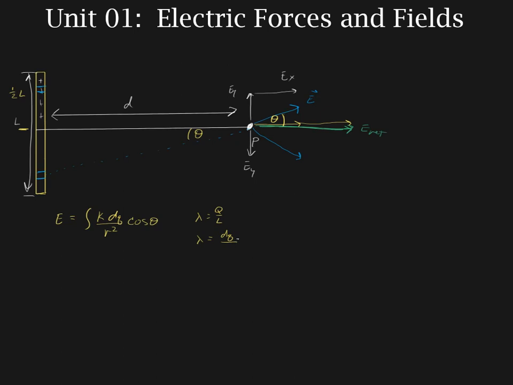Now last time we used dx because the rod was in the horizontal dimension, but now our rod is in the vertical dimension, and so I'm going to say that this is dy. Our limits of integration.